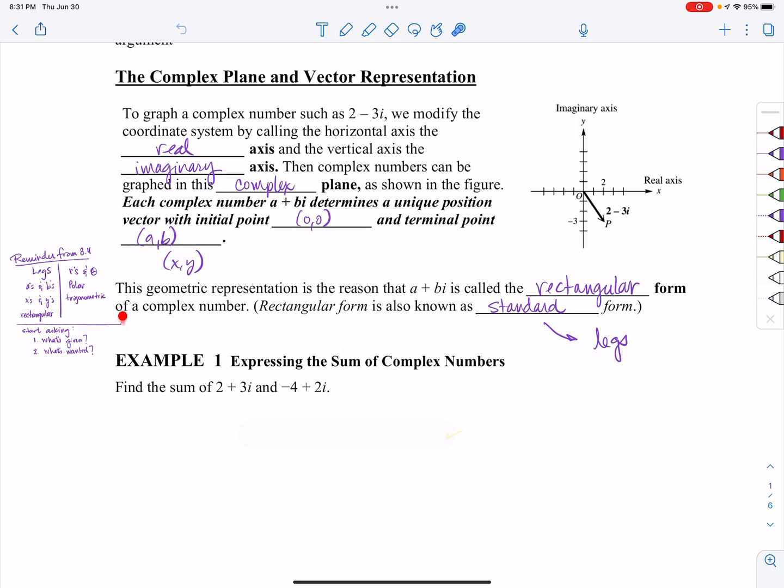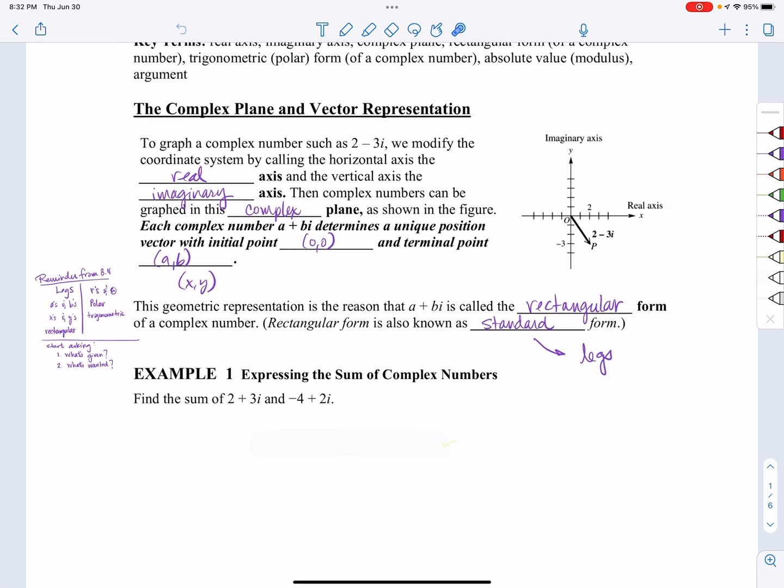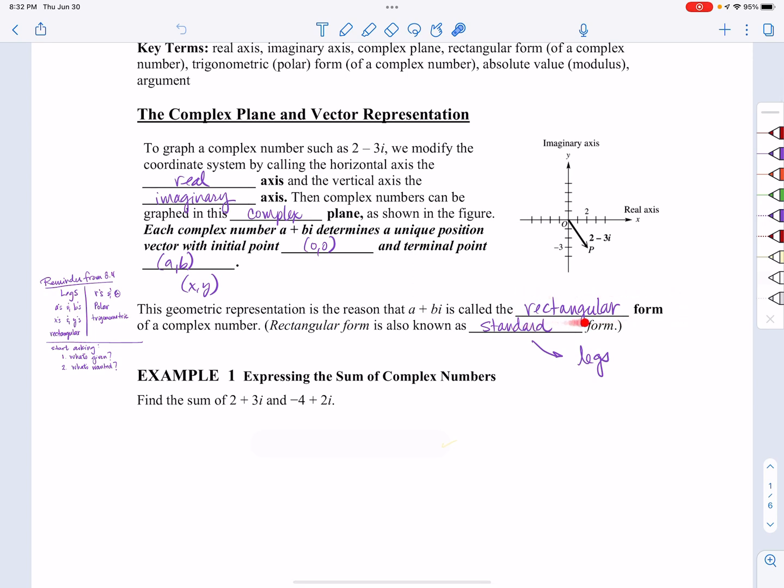Here's just a reminder that in our brain we're splitting everything between legs and r's and thetas. So we have two sides of the brain: the rectangular side and the polar side. This representation, a plus bi, is called rectangular form.